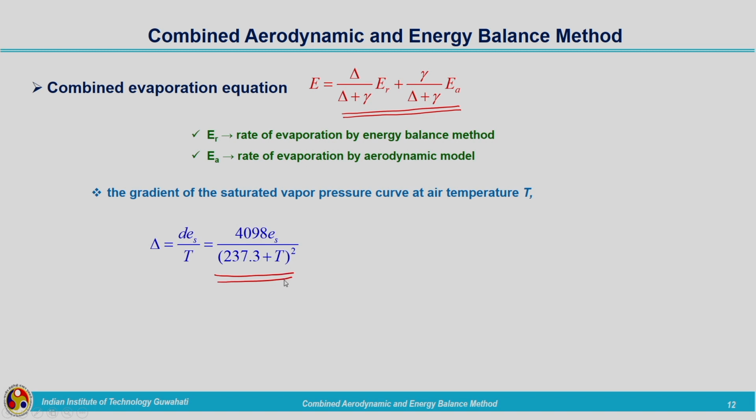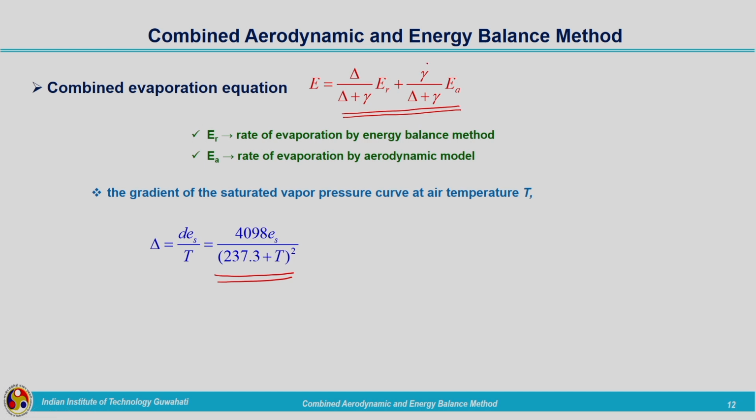So if we have the temperature and the corresponding saturation vapor pressure, we can calculate the gradient of that particular saturation vapor pressure curve. That gradient is required while calculating the evaporation due to the combined method. And in this equation, gamma is the psychrometric constant and delta is the gradient of saturation vapor pressure.